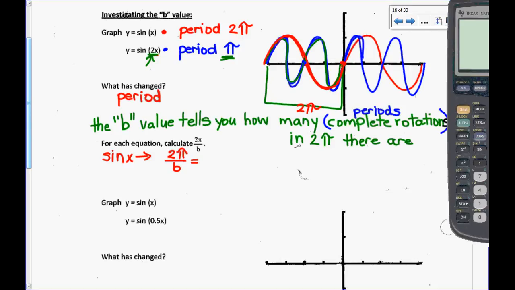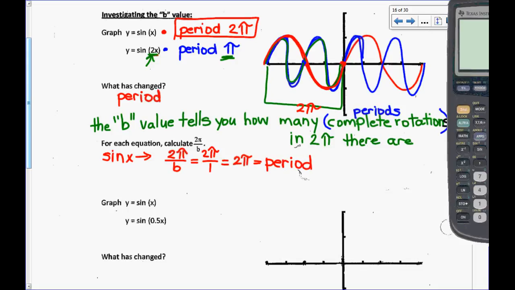There was only one. So our b is 1. What is 2 pi over 1? 2 pi, and 2 pi was our period. So this is the equation that helps you figure out the period. 2 pi over b will give you the period, so I'm just going to put that that equals the period of the function.